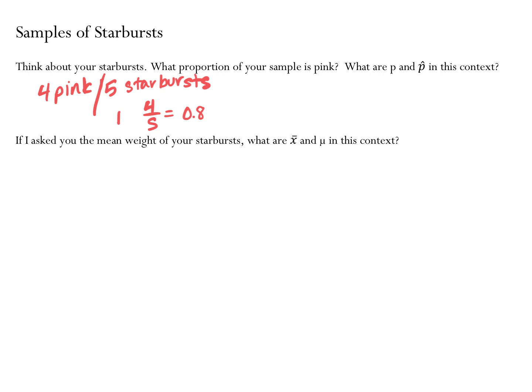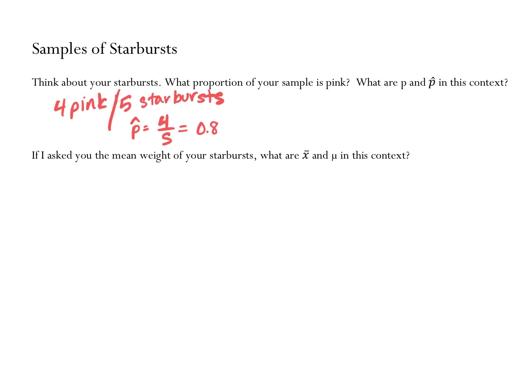That is a p-hat in that it was a proportion not of the entire bag of Starburst, but rather just of an individual sample. And so the graphs, which I believe are still in the front of the room, had some p-hats. Let me get my axes labeled here.